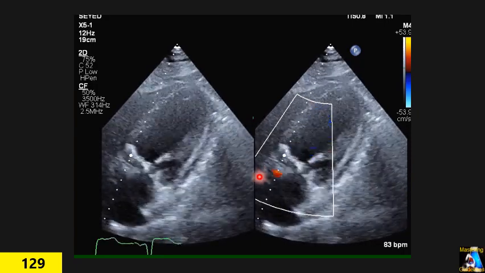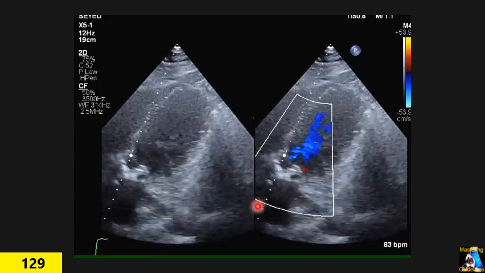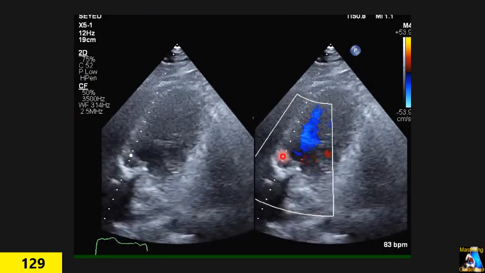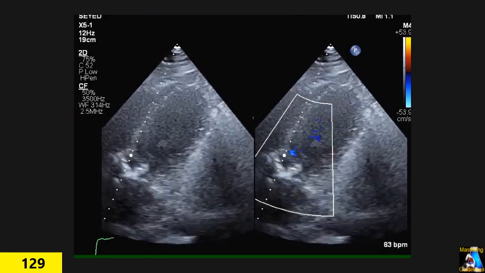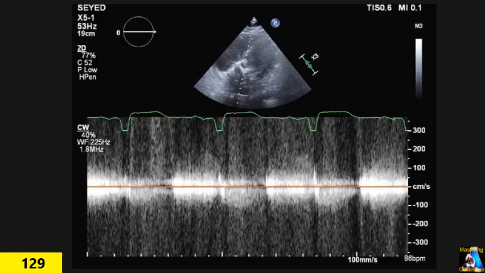Again, with a little heel-toe to make it parallel, we almost have the jet and an almost acceptable angle of the cursor with the LVOT and aorta, and this time we get some Doppler here, some Doppler here. Do we rely on this and measure it or not?